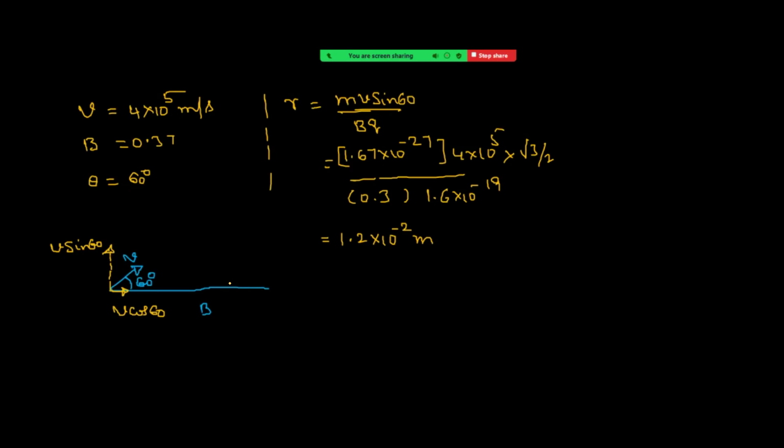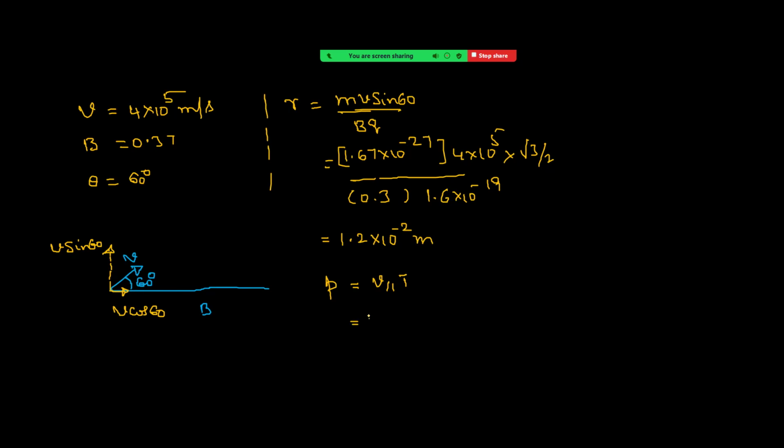Next, we have to focus the pitch of the helix. So here, because of this parallel component, it follows now straight line path. That means combination of circular path and straight line. That is now helical path. And we have learned that pitch equal to magnitude of displacement along the field during one revolution, or you can say during one time period. That is now V parallel into T, because along this field acceleration is zero, right?